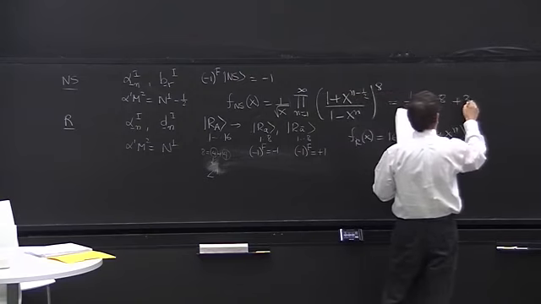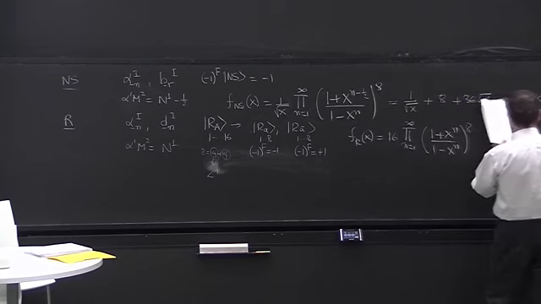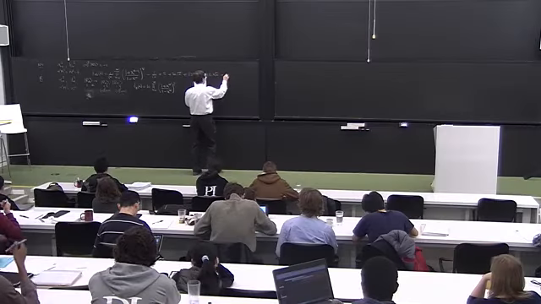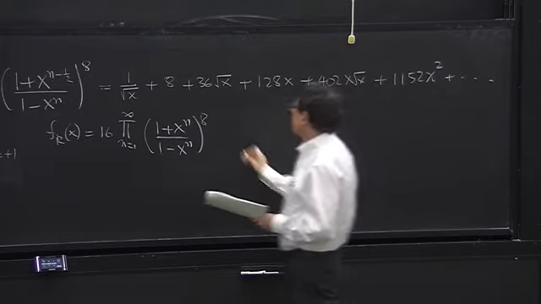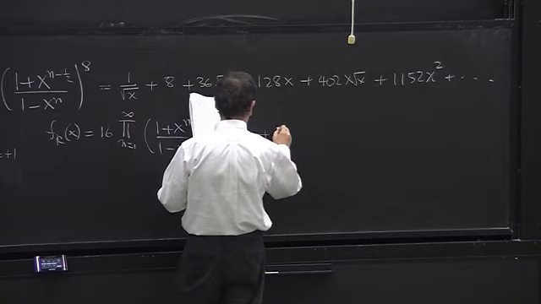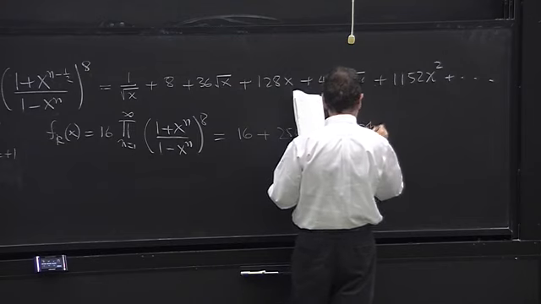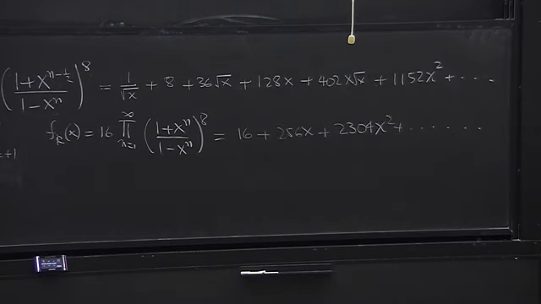For the NS sector: 8, 36 square root of x, plus 128x, plus 402 x square root of x, plus 1152 x squared, plus... and then you do the Ramond one, and you get 16 plus 256x plus 2304x squared. Okay, this series compares things at mass.